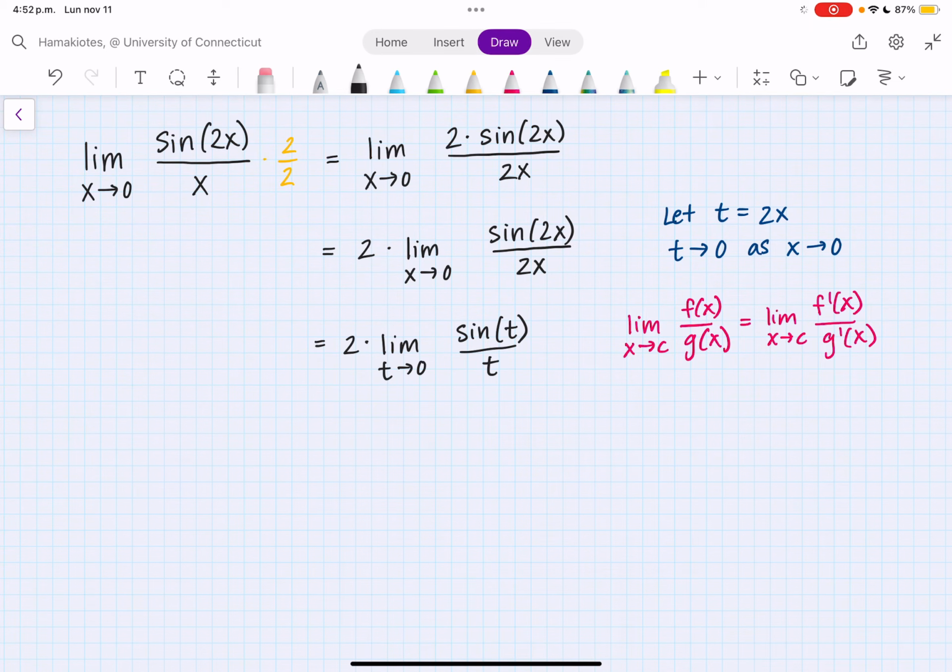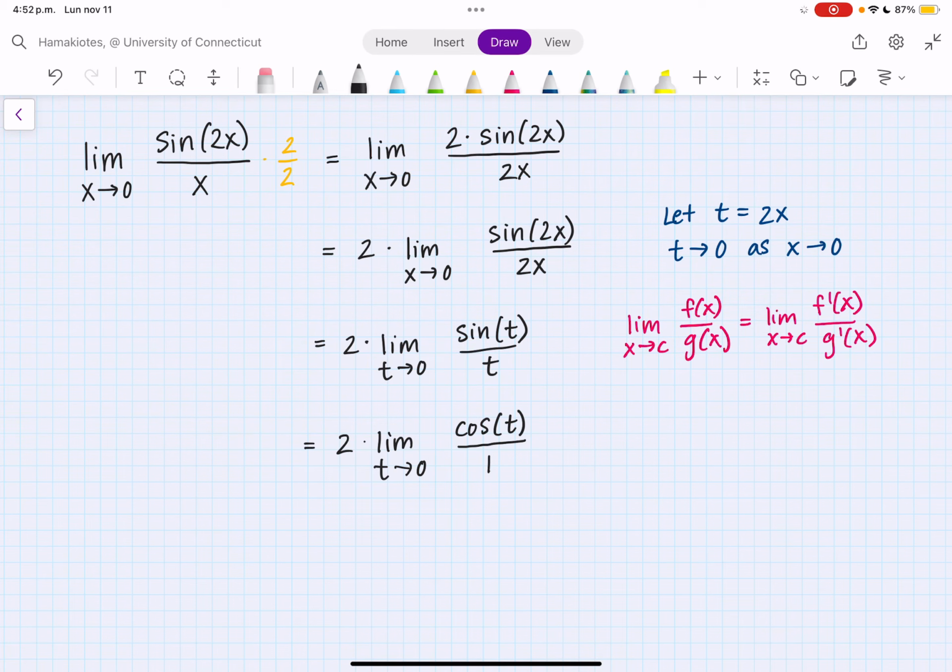So applying L'Hopital's rule, this is equal to the derivative of sine, which is cosine, and the derivative of t, which is 1. Great.